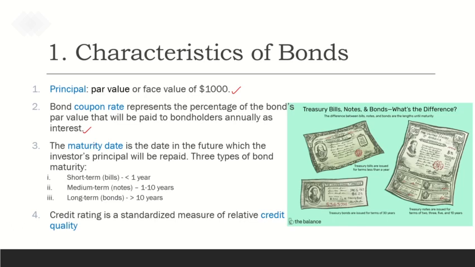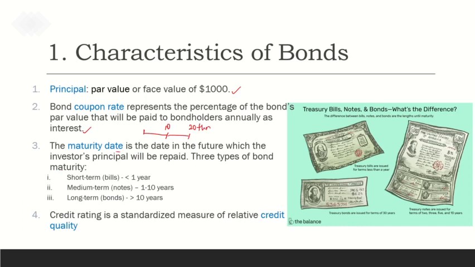Okay. And then the maturity date is the date in the future which the investor's principal will be repaid. Maturity date ni, bila bond tu matured. Contoh 10 tahun, ataupun 20 tahun. So this is the maturity date.